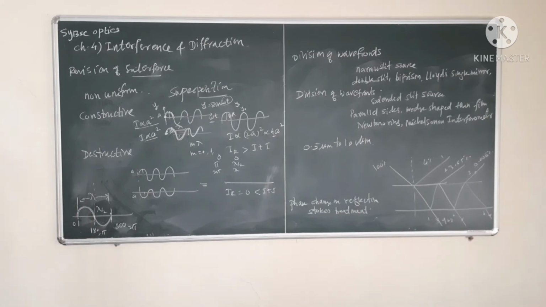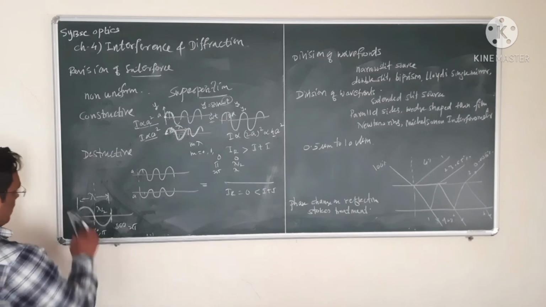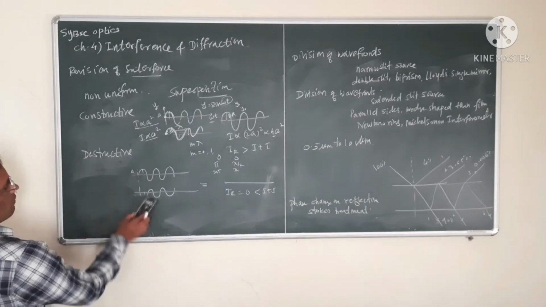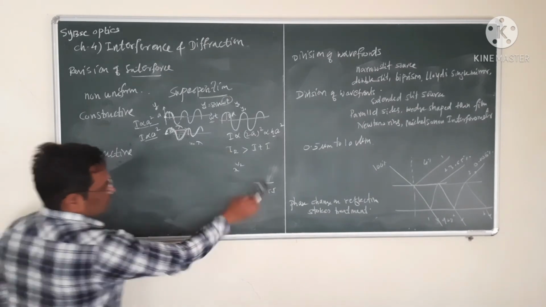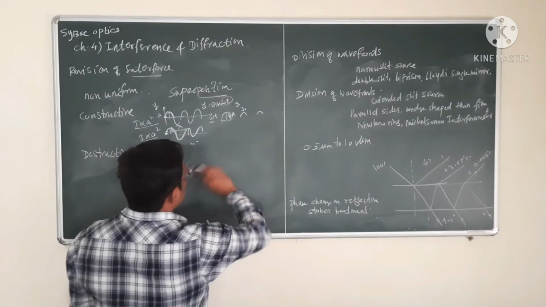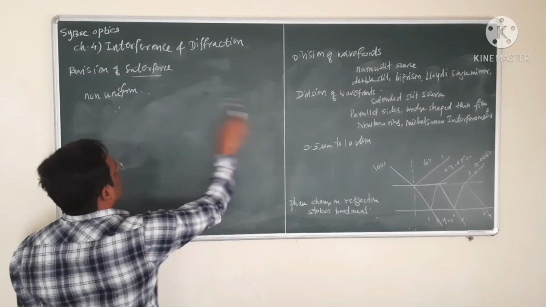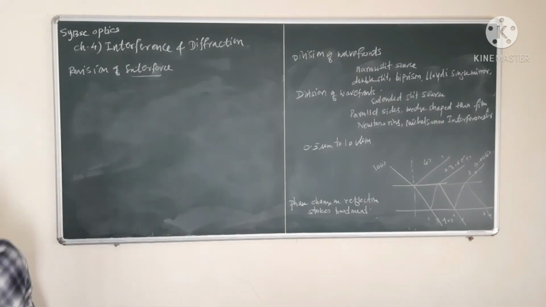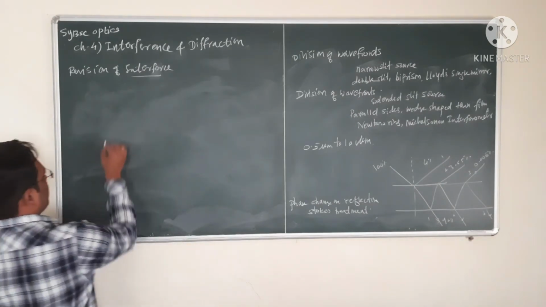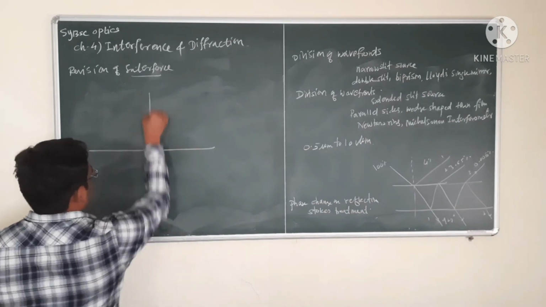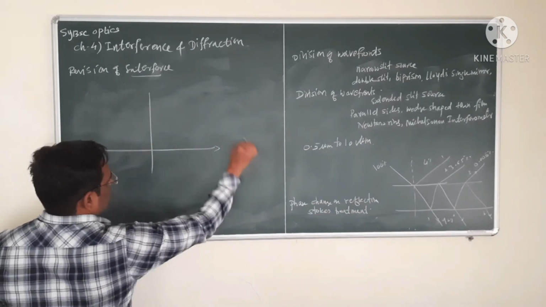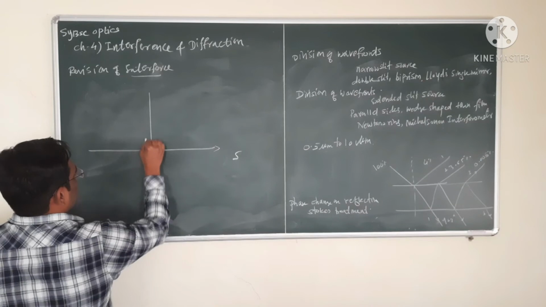Okay. Now next, constructive and destructive interference. If you look into the interference pattern, we will have an alternate series of constructive and destructive interference. So the interference pattern looks like this. Here this is phase difference.